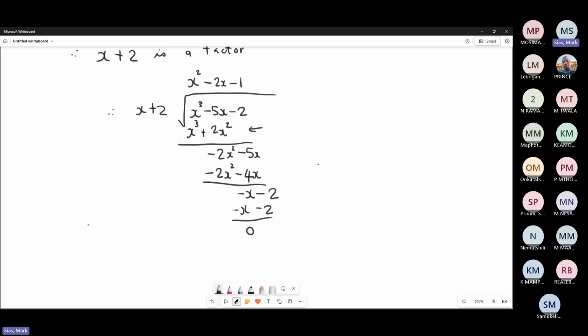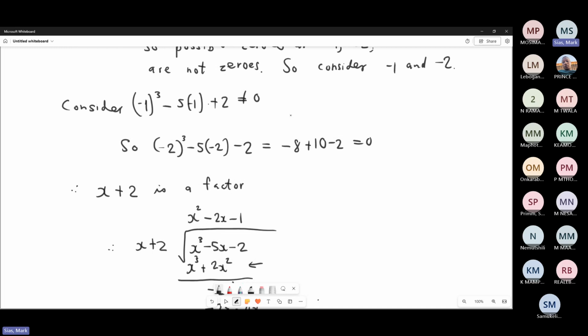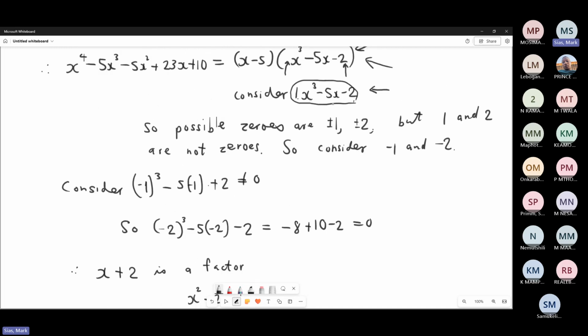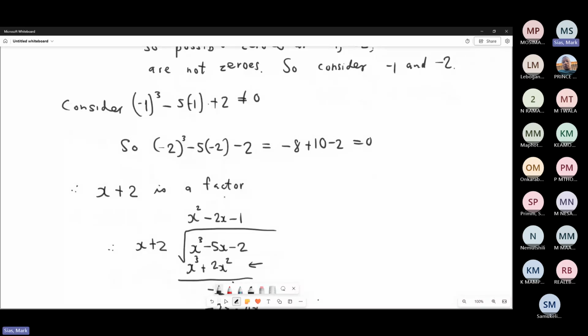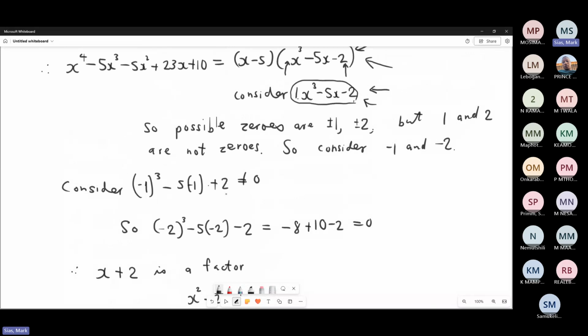So ultimately, you can write x cubed minus 5x minus 2 as x plus 2 times that. So you will substitute in the place of this here. You'll put there x plus 2 times x squared minus 2x plus 1.